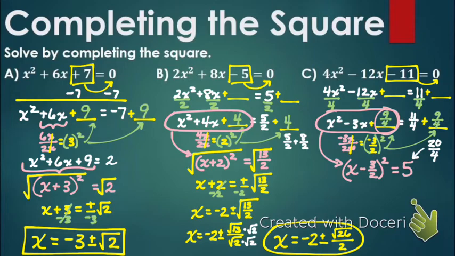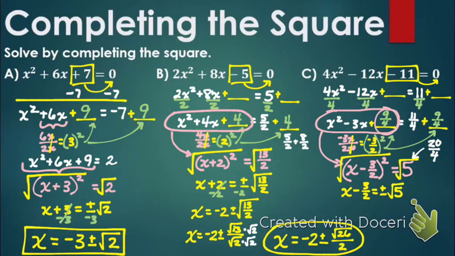Even nicer. Square root both sides. X minus 3 over 2 equals plus or minus square root of 5.